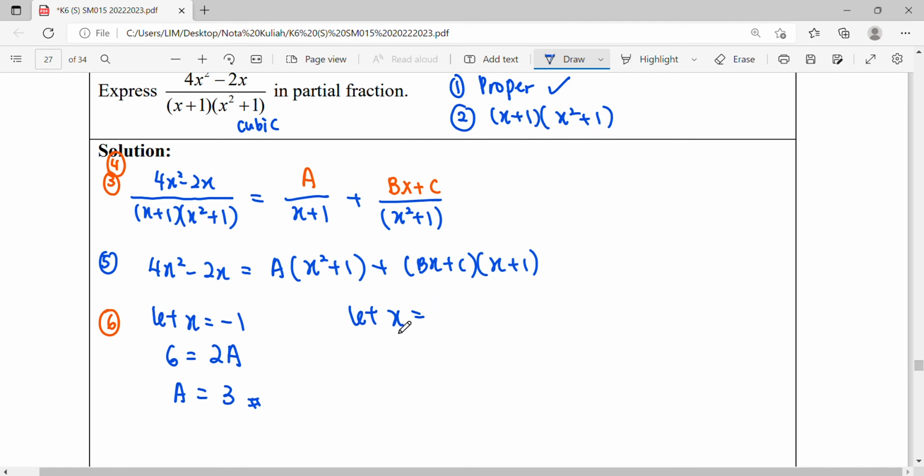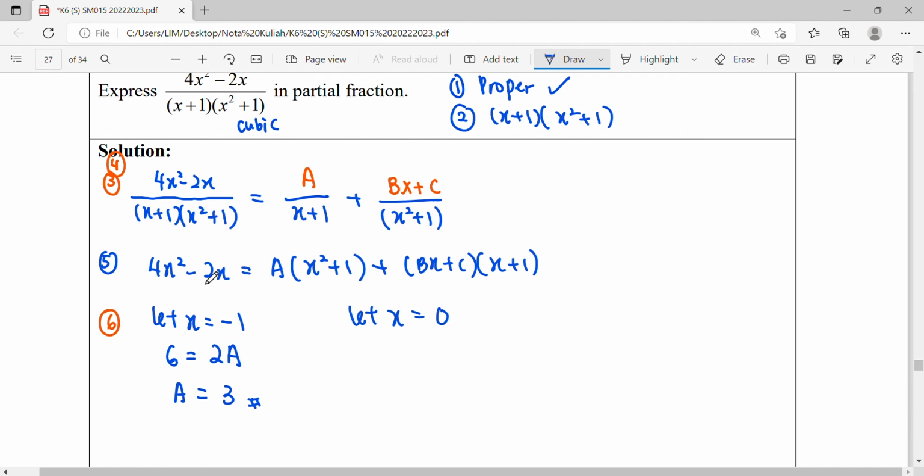For another value of x here, we can't find any value, because we know this quadratic just now has a complex number, no real root. So another x value that I can put here is 0, because I have a linear numerator. When I substitute 0, b will become 0.